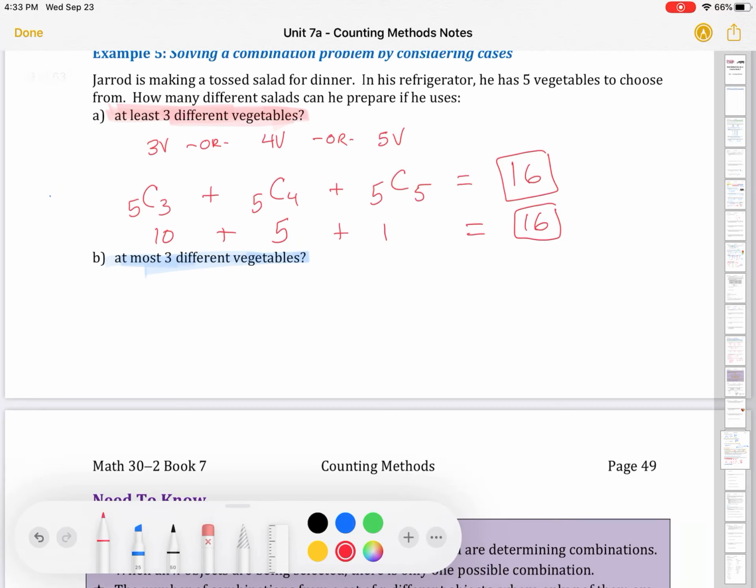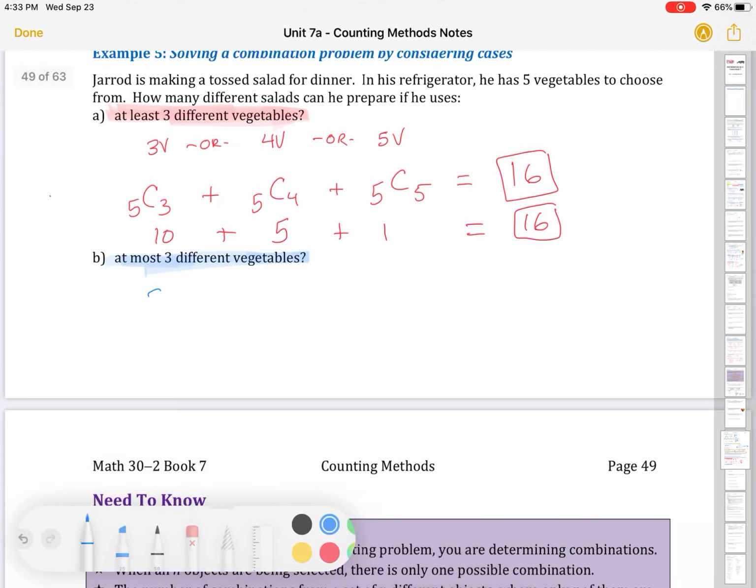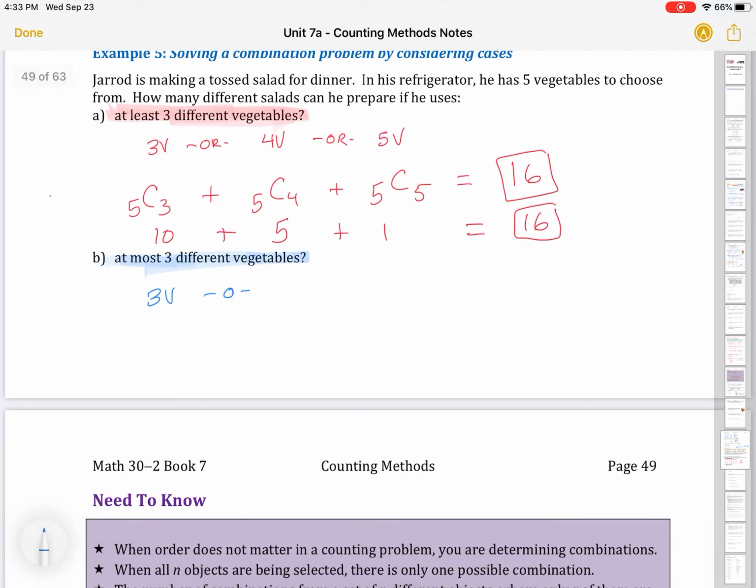Try them. Now, what if he had at most 3 vegetables? Slightly different question. At most he had 3 veg. So he could have 3 veg, or he could have 2 veg, or he just has plain old cucumber, 1 veg.